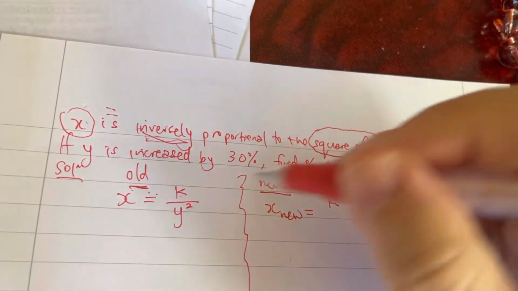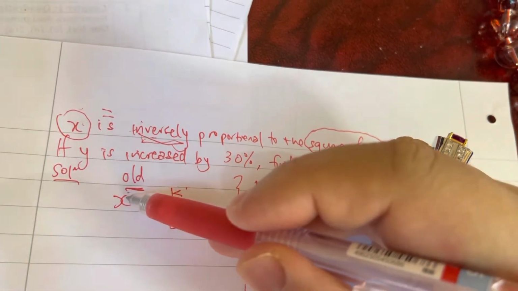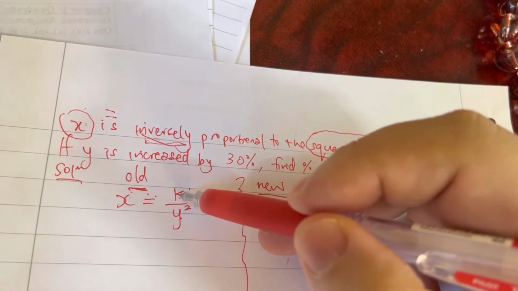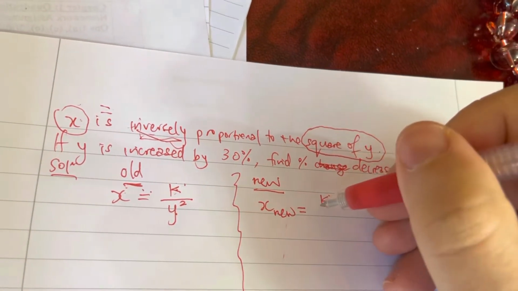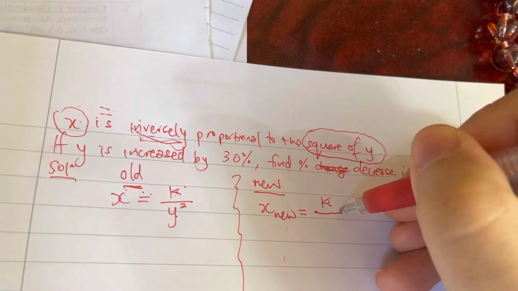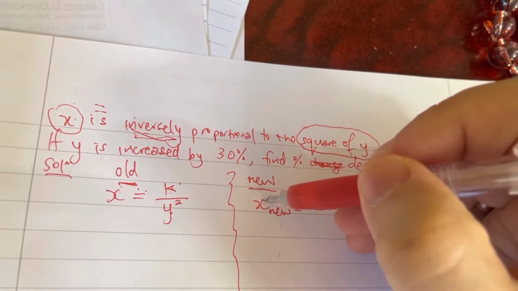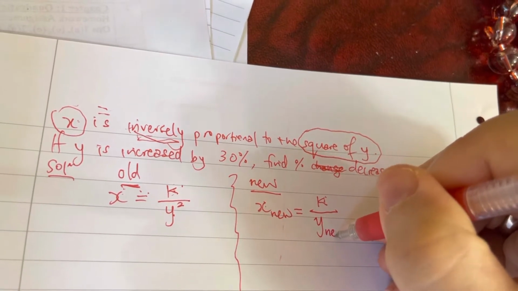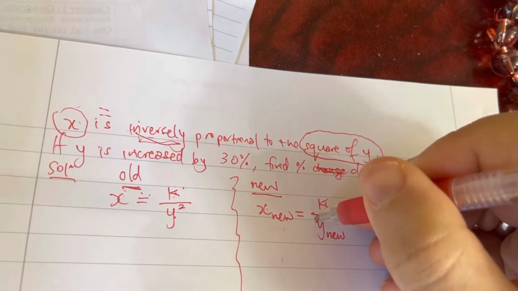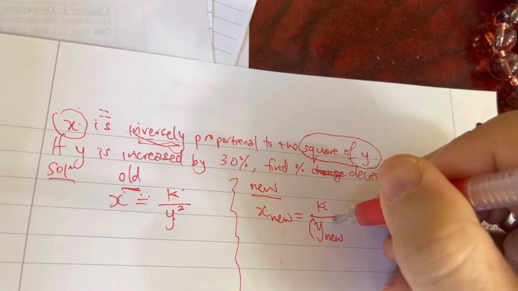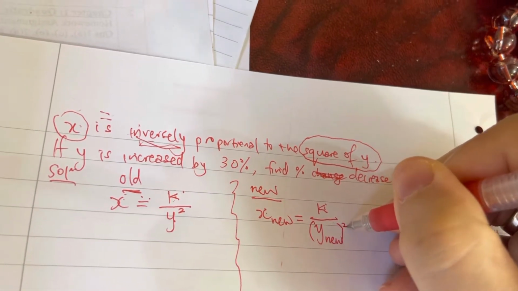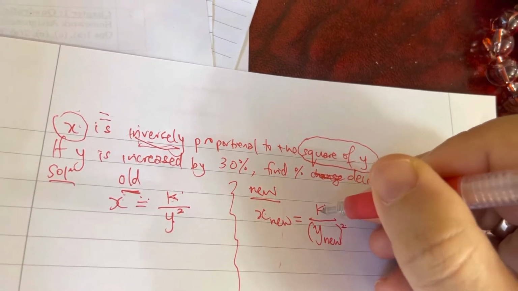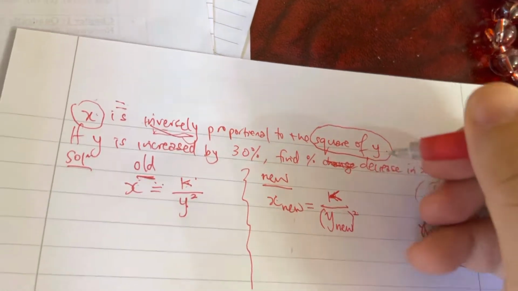K is a constant, and whatever the value of x, whatever the value of y, k will still be the same. So you don't bother to write k new, but if there's a new x value, then the y value will be new as well. And of course you must square it, and I strongly recommend that you put a pair of brackets here and then you put the square outside. This will prevent you from making careless mistakes later.